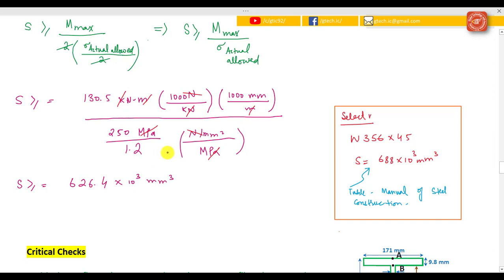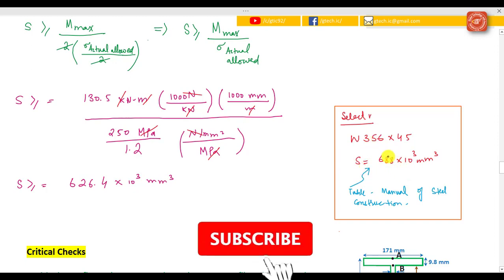I do the conversion, and I find that I need a section modulus for my wide flange I-beam that is going to carry the load to be greater than or equal to 626.4 times 10 to the third cubic millimeters.